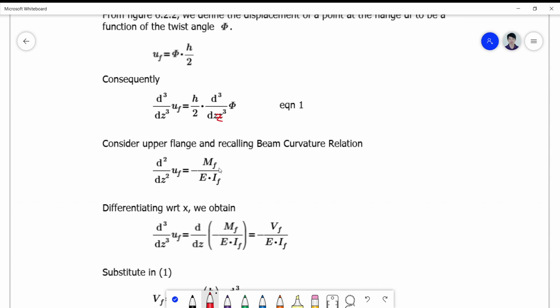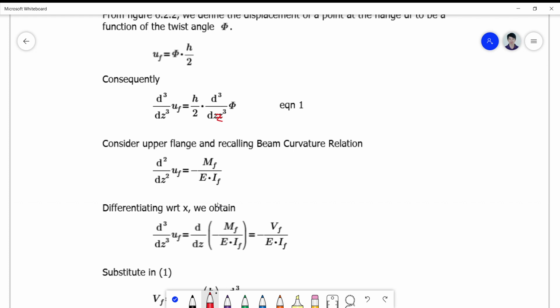Okay, so the f's here actually indicate the flange element as your member for which the beam curvature is actually obtained.